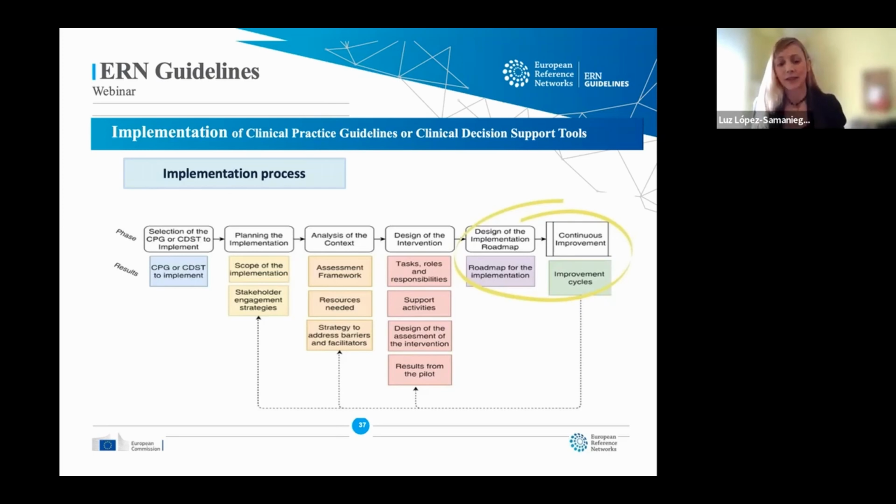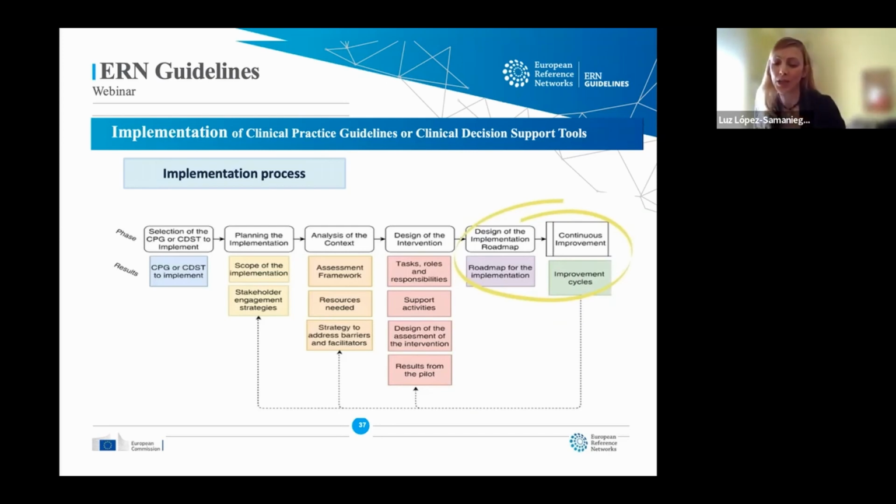You can see 6 phases or objectives on the top and below the expected results for each of the above. Phase 1 would be the selection of the CPG or CDT to implement. There are 2 types of CPG or CDTs that can be considered for implementation: new ones, new clinical practice guidelines or clinical decision support tools, or actual existing CPG or CDT.